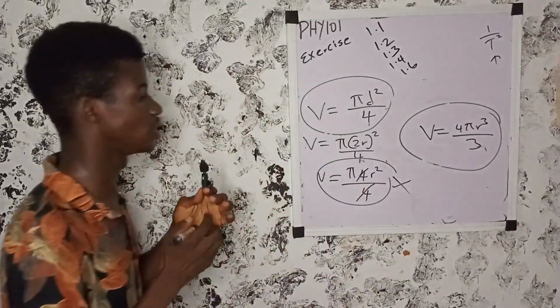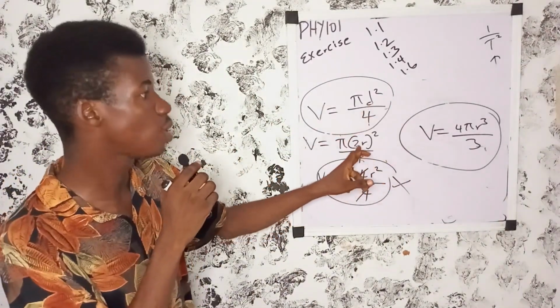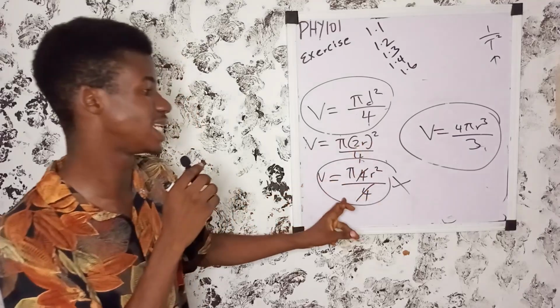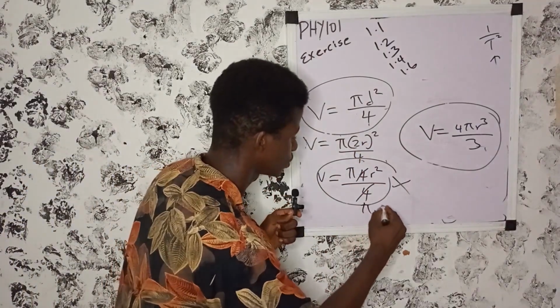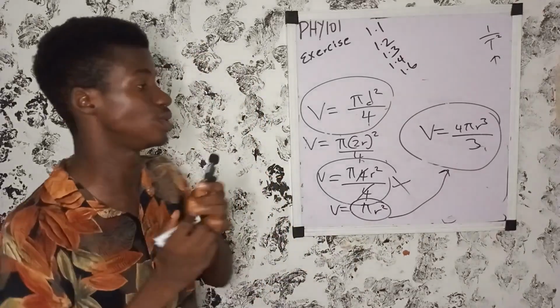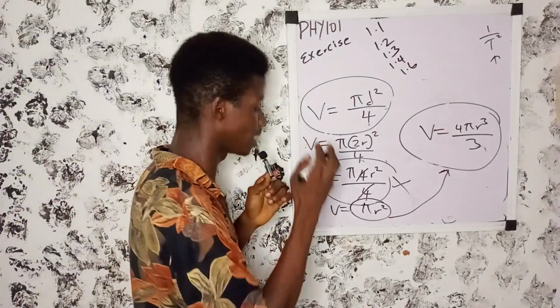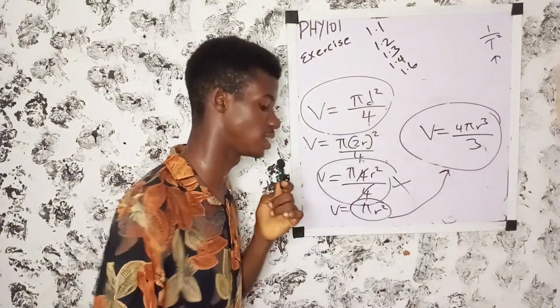When we replace D with r and solve, the formula we get is pi r square, and this is not the volume of a sphere. So the answer is that this equation is not dimensionally correct.